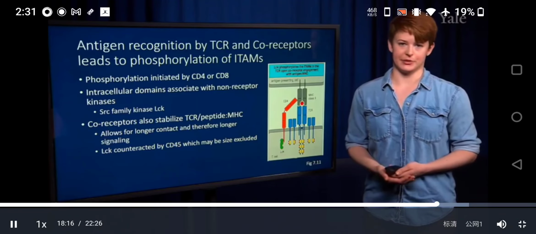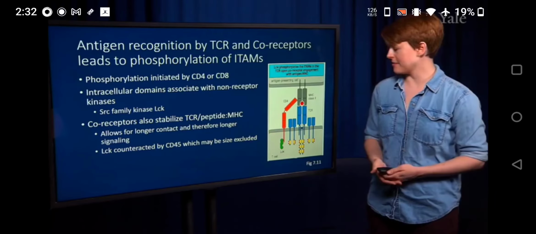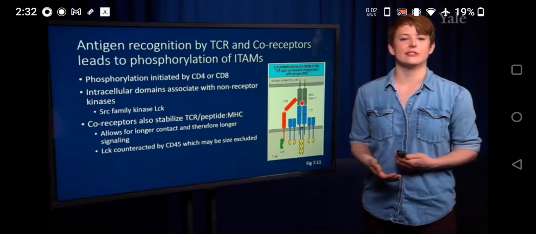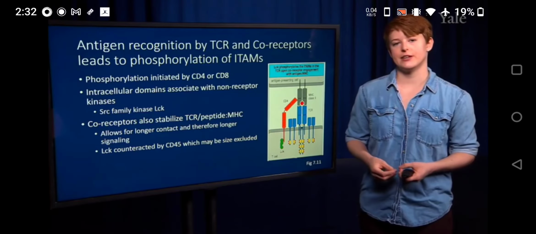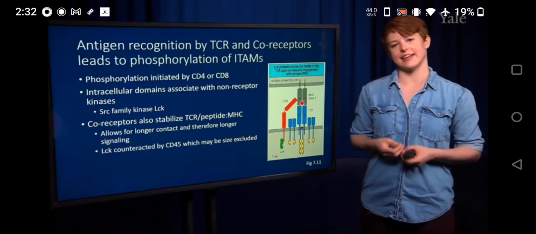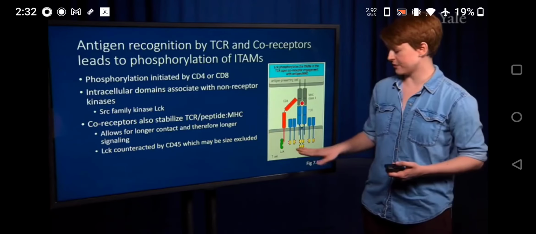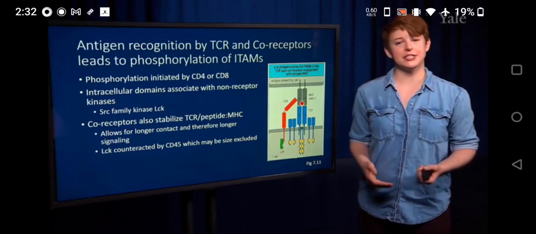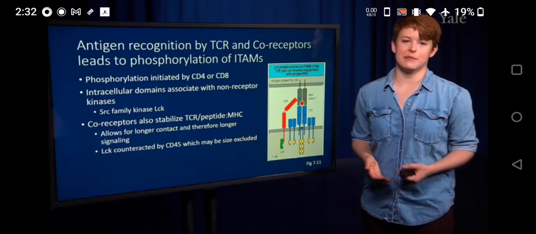And the co-receptors come in and bind to MHC class 2, and this helps slow down the dissociation. It essentially helps those peptide MHCs and TCR to stick together longer, which then leads to more phosphorylation and downstream signaling.